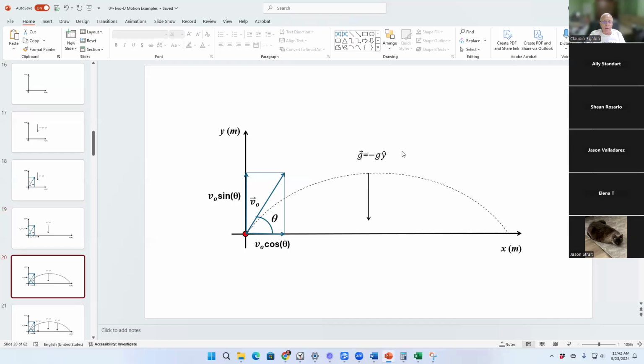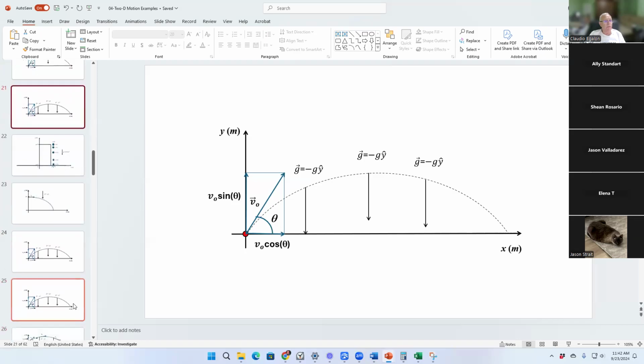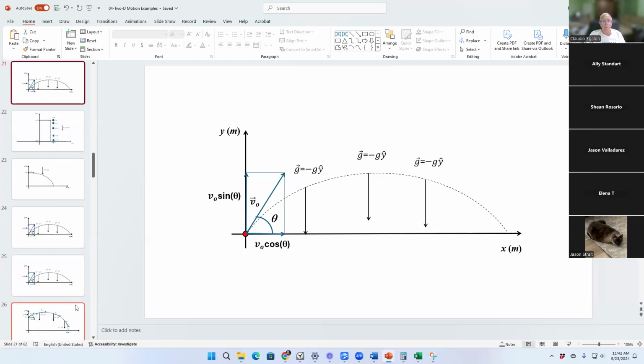But not the acceleration vector. The acceleration vector will be the same throughout the path along the xy plane. This vector is going to be exactly equal to this vector, is going to be exactly equal to this vector.